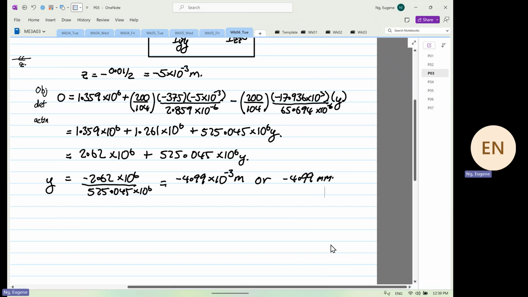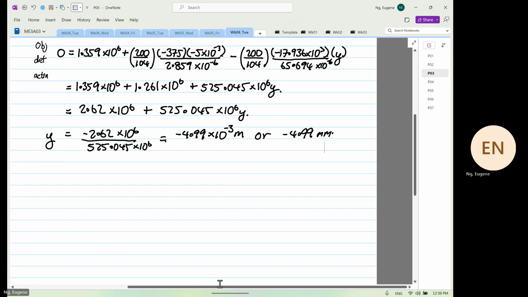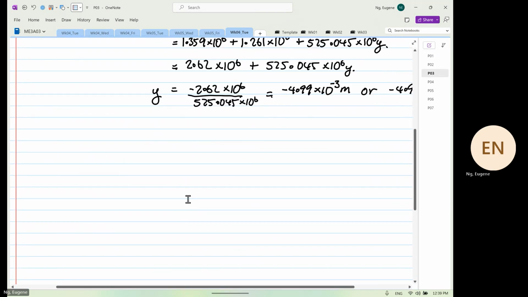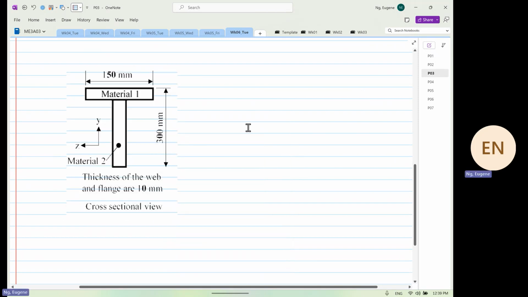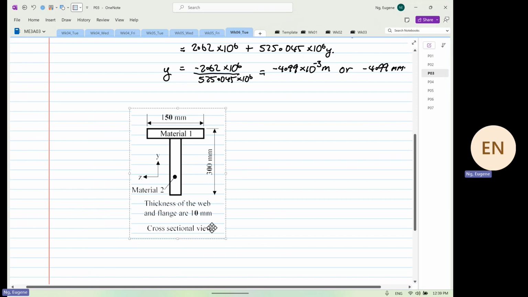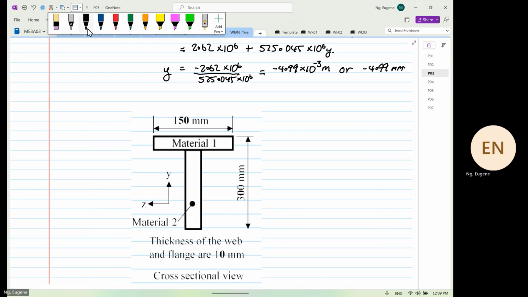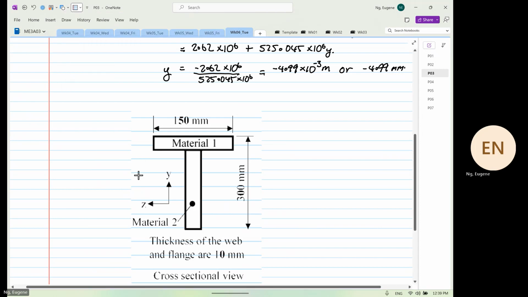So what this means, okay, so if we go back to this diagram again, right? So what this means, if I'm going to sketch the centroid out, so this is our centroid.